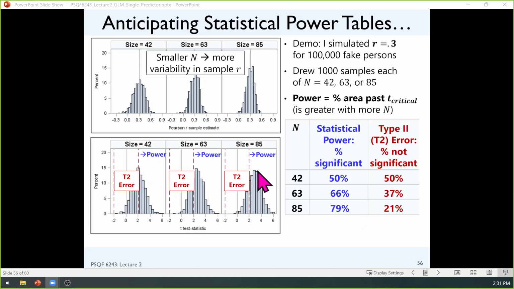So the 5% is what delineates where the dividing line is here. Sample size and 5% tells me where the dividing line is for significance. But the frequency of being on either side is type 2 error versus power. Yep.